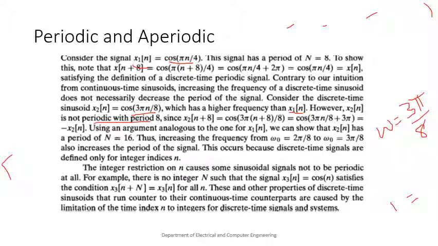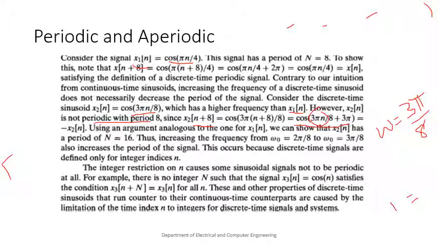Why? Similarly, we are adding 8 to n in x2 of n, so cos of 3 pi by 8 times (n plus 8). This will become cos of 3 pi n by 8 plus 3 pi. But here we have 3 pi, and what we required here was a multiple of 2 pi.